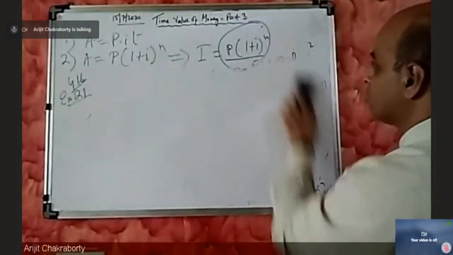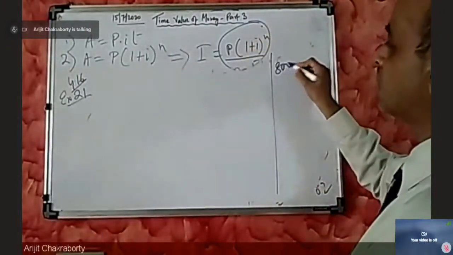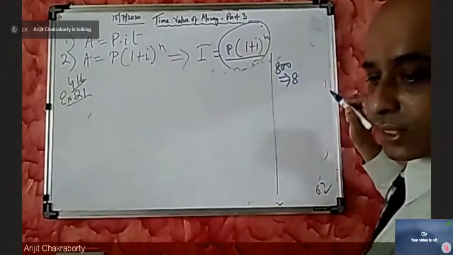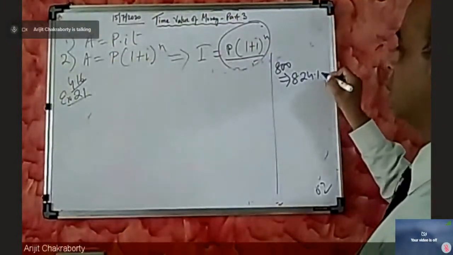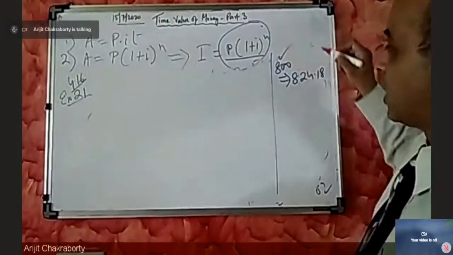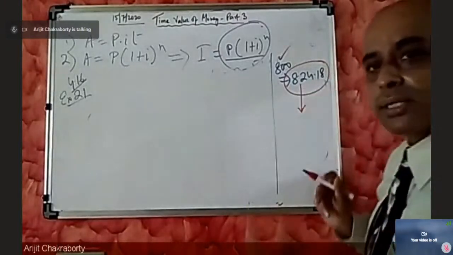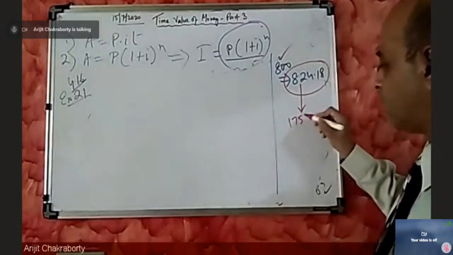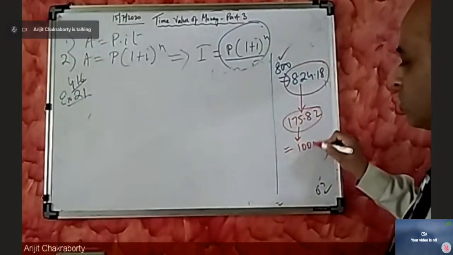In the first part, we have done two things. We saw that this 800 rupees ultimately gave him 824.28. So he started with 800, got 824.28, then he put in some more money, 175.82. So he got altogether 1000 rupees.